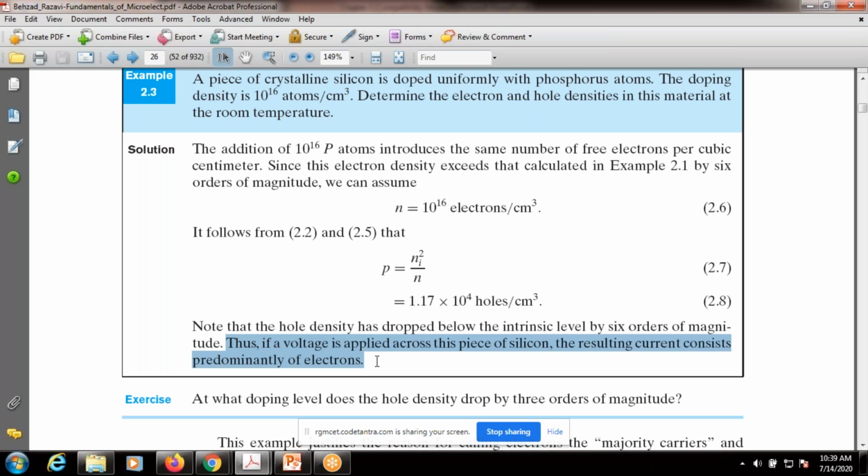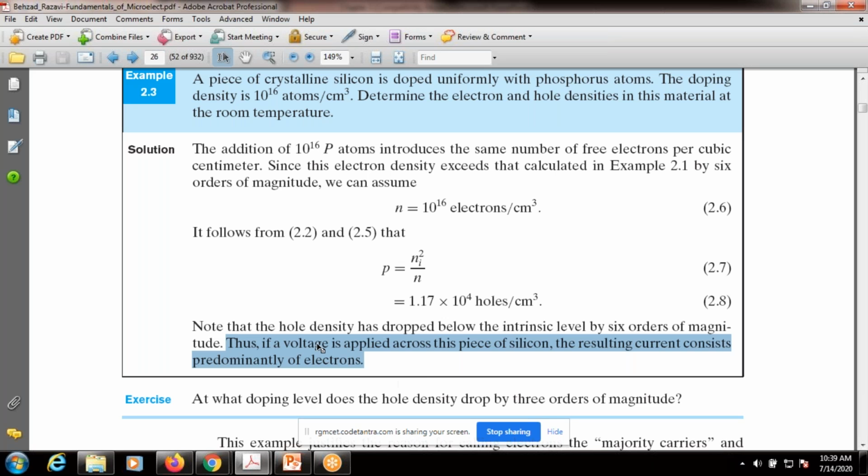Now, if we create some electric field or apply some voltage across this piece of extrinsic semiconductor, now what happens? There is a current flow in this material, but that major current is due to electrons only. Of course, a small amount of current also flows due to holes.